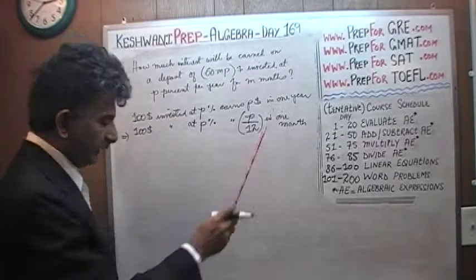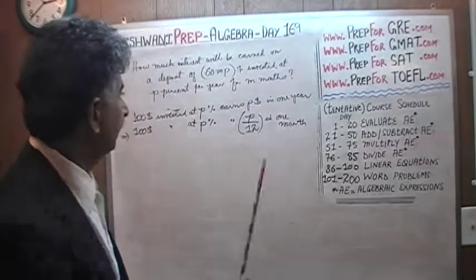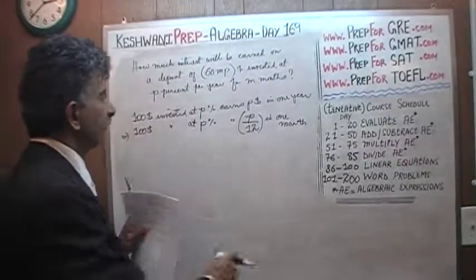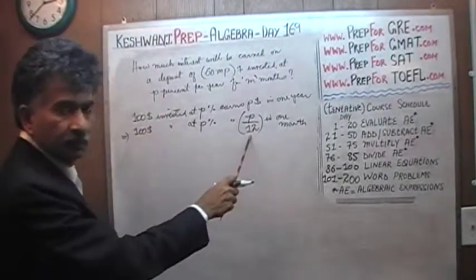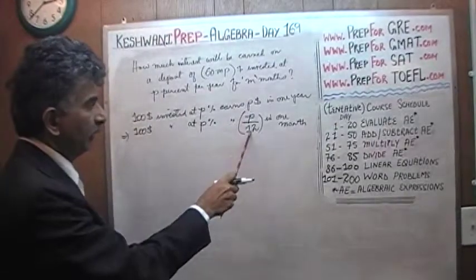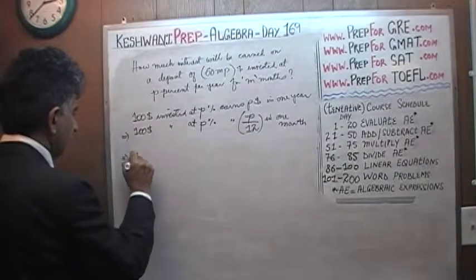So far so good. But we are not investing for 1 month, we are investing for M months. So whatever we are earning in 1 month times the number of months is how much we will earn in M months.